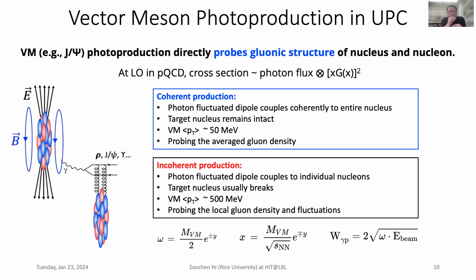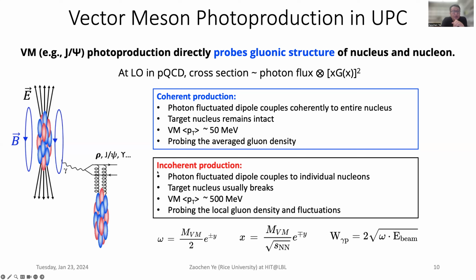The vector meson can be produced via coherent production and incoherent production. Coherent production is where the photon-fluctuated dipole, or the QQ pair, interacts with the entire nucleus as a whole.